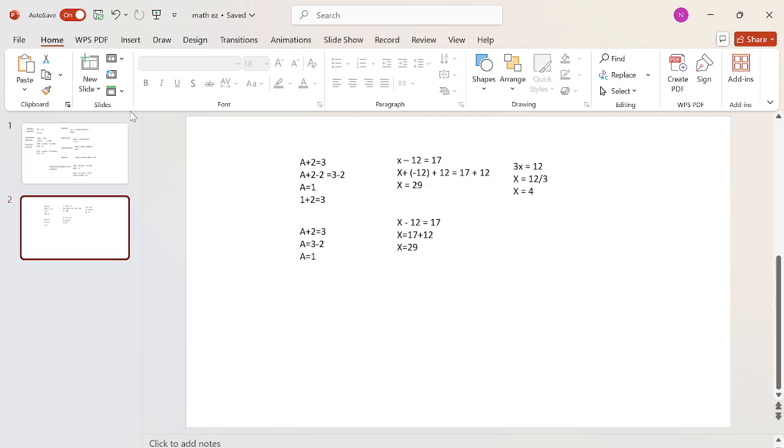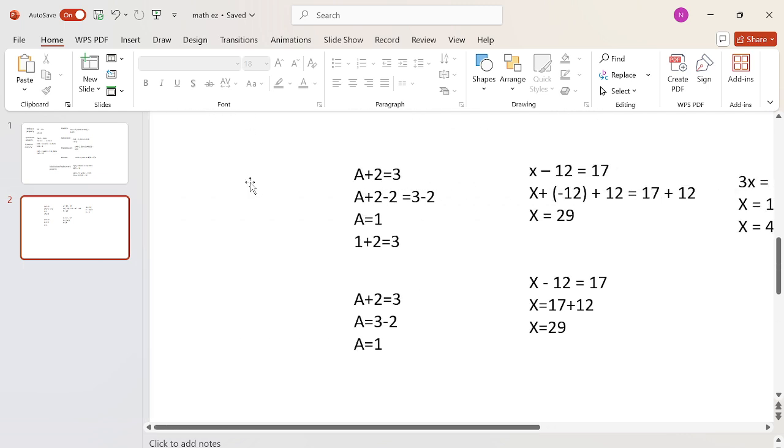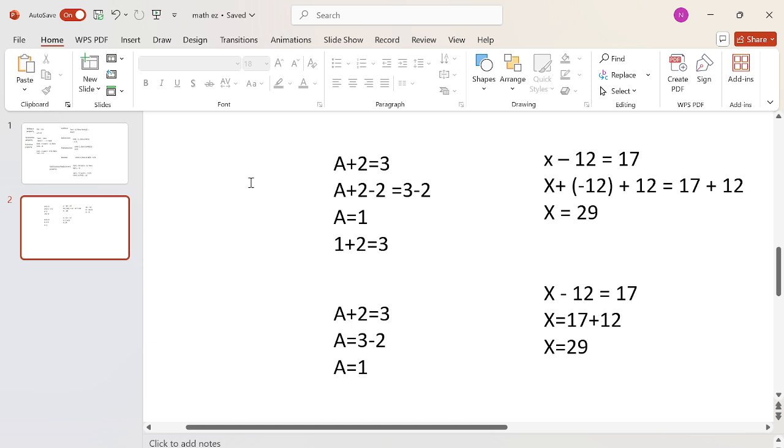Okay, let's go solve a question. So here, A plus 2 equals 3. So the first thing you should do is we should do subtraction property. But I think I should prepare the transposition, which most of us know how to transpose.